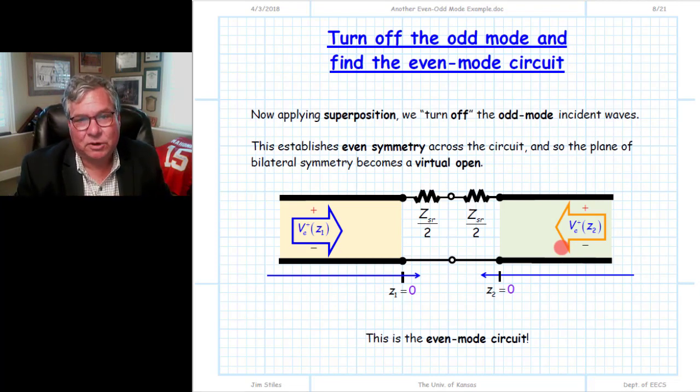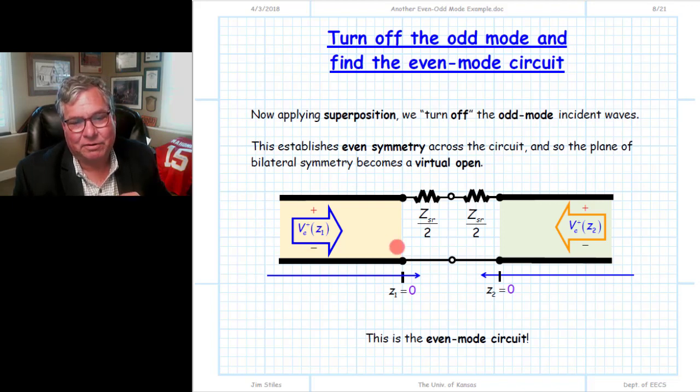We're going to first turn off the odd mode voltages, the odd mode sources, the odd mode wave propagating from left to right toward the structure, and the odd mode wave propagating right to left to the structure. We're going to set both of those equal to 0. So the only remaining term we have in each case for the plus wave is simply the even mode wave amplitude, and likewise the same on the right.